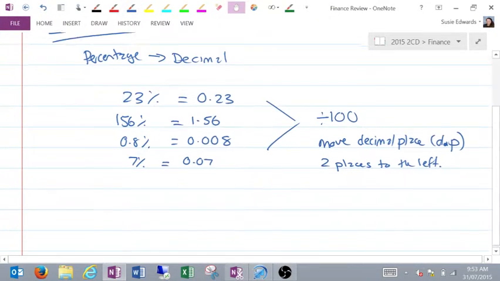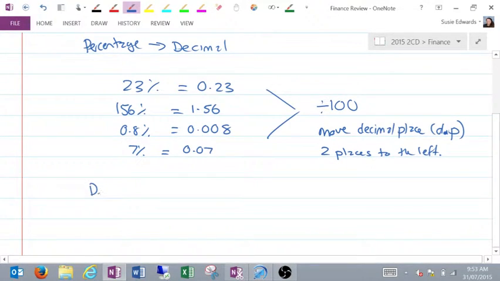If we just quickly go the other way, so decimal to percentage, which we don't have to use as much, but still important. 0.78, what would that be as a percentage?